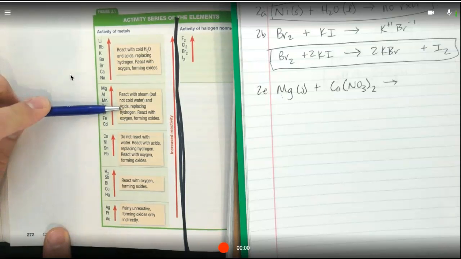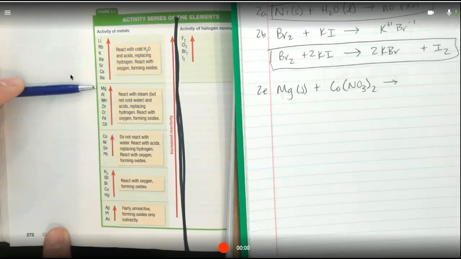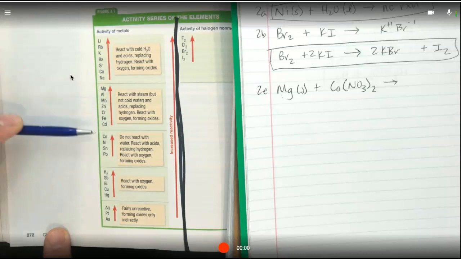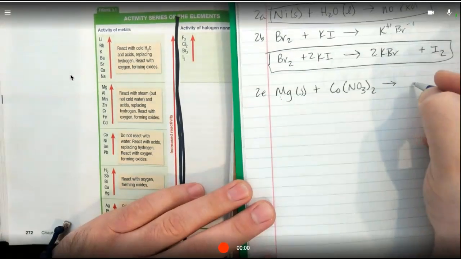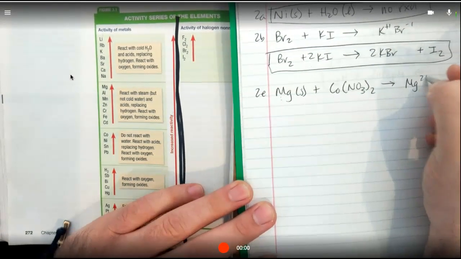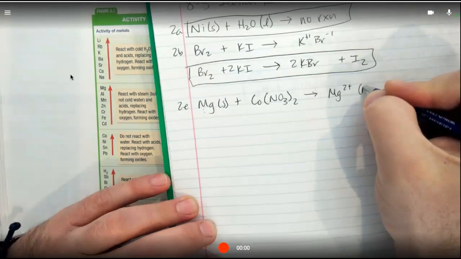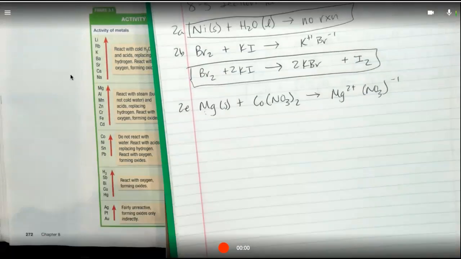React with steam does not apply here. Reacts with oxygen does not apply here. So we will have a reaction. Magnesium will replace cobalt because magnesium is above cobalt. So magnesium has a 2+ charge. It's going to be combining with nitrate, which has a -1 charge.